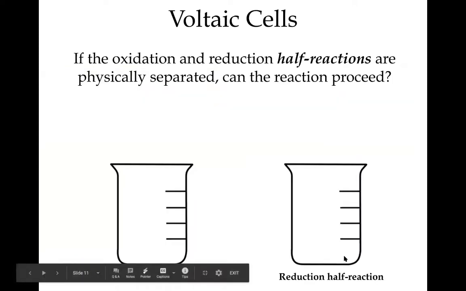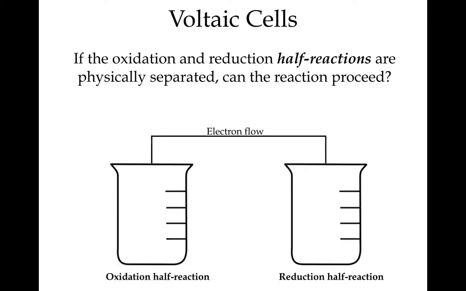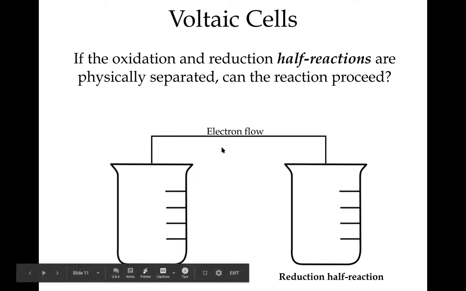But what if we have oxidation and reduction half reactions that are separated from each other? What's going to happen in that case? Okay, here we have 2 beakers, and let's say we have the oxidation half reaction on the left side and the reduction half reaction on the right side.